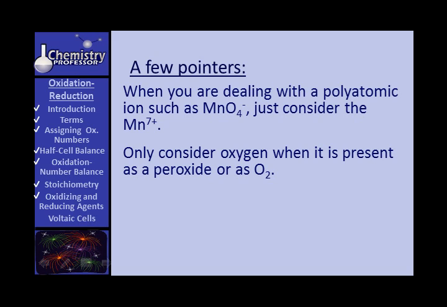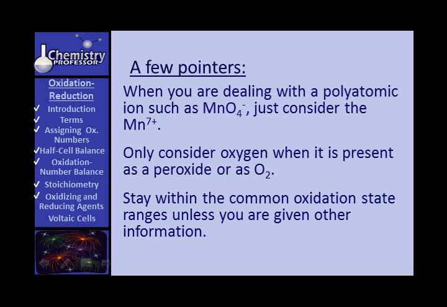When it's present as a peroxide or O2, it's very rare that you're going to find oxygen changing from a -2 to one of the lesser states. It's not to say that it's not possible. It's just not one of the really likely ones. Stay within the common oxidation state range unless you're given some other information.